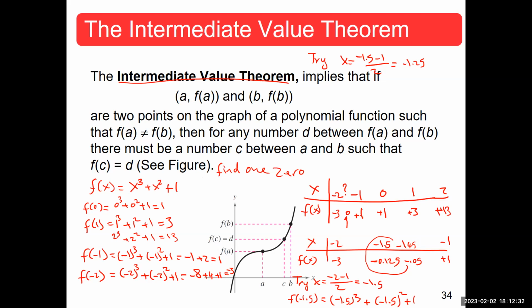One zero after the period is good enough. So that's the correct answer. Your 0 is negative 1.45, comma 0, roughly. We're going to say it's approximate. Okay, so that's the method, guys.